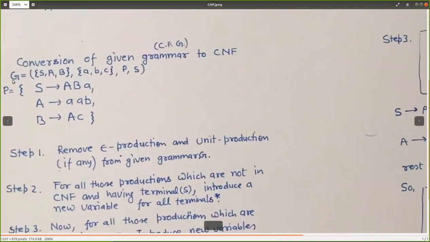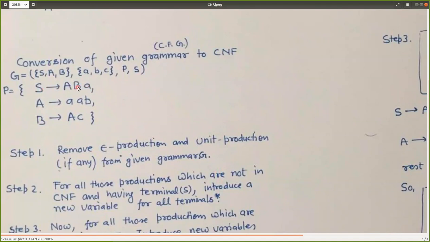Let's check whether this given grammar G is in CNF or not, and if it is not, then we would convert it into CNF. Now, there are three productions. S produces A B, small a terminal.